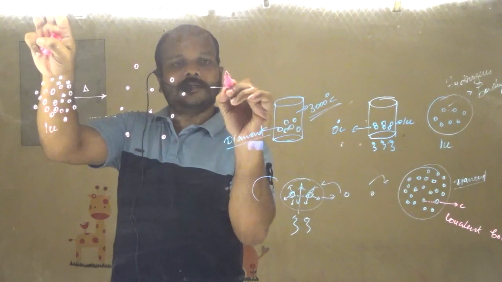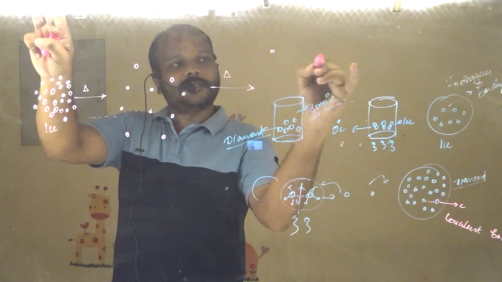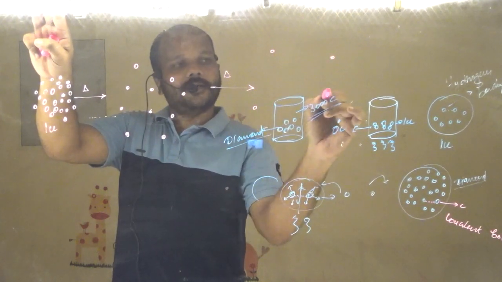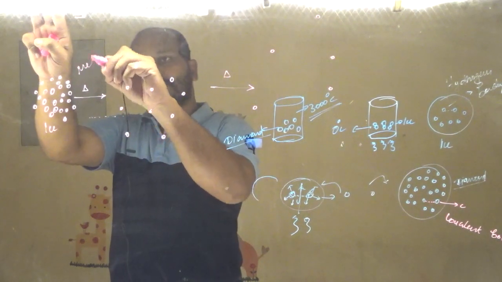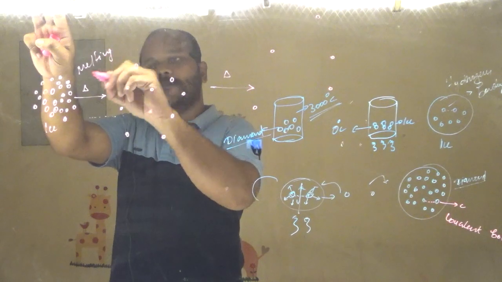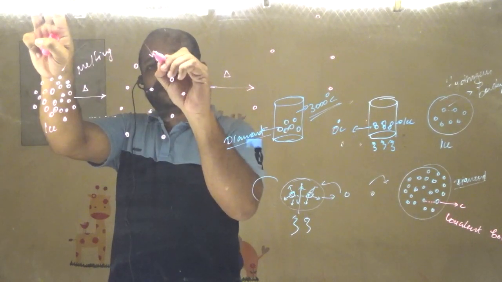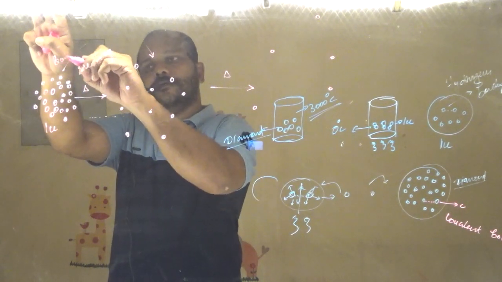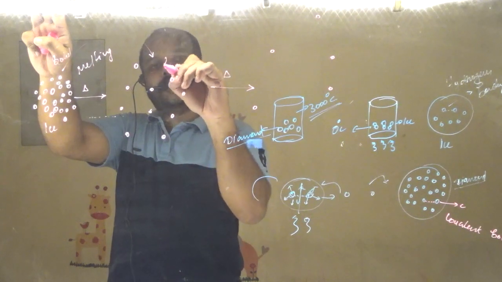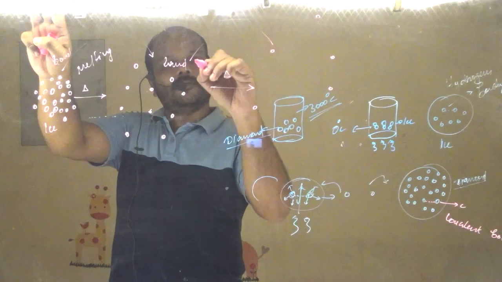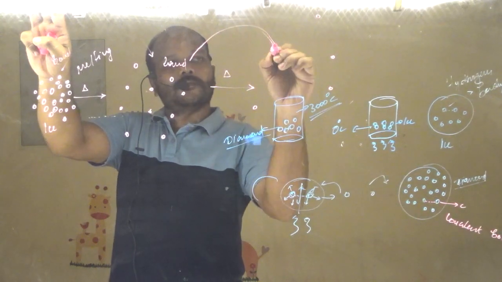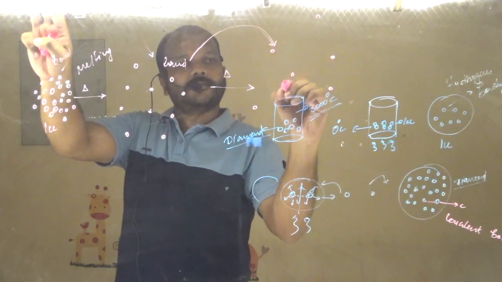If you keep heating, they will remain even more distant, somewhere here and here. This process, converting solid to liquid, we call melting, and converting that further gives gas.